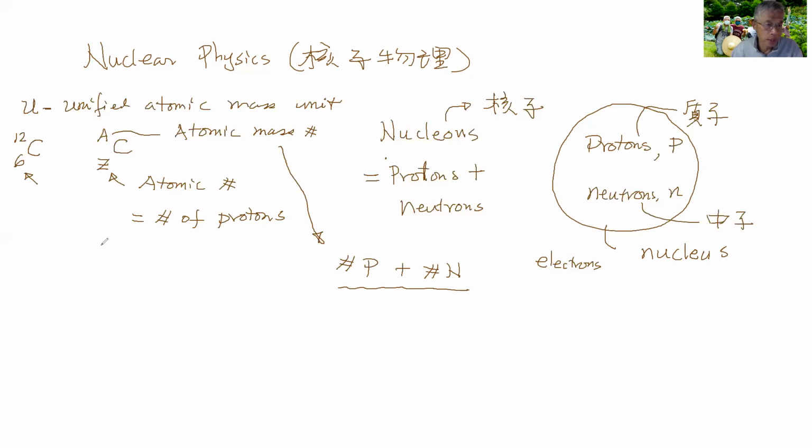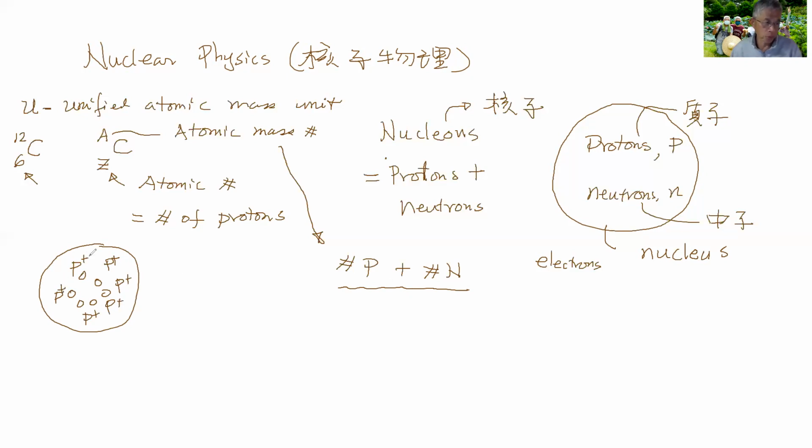So in here, we have C, we have 6 protons. So inside of C, we'll have 1, 2, 3, 4, 5, 6. Let's say we have 6 neutrons, 1, 2, 3, 4, 5, 6. I mean, this is not the way they are arranged. I just draw them like this.